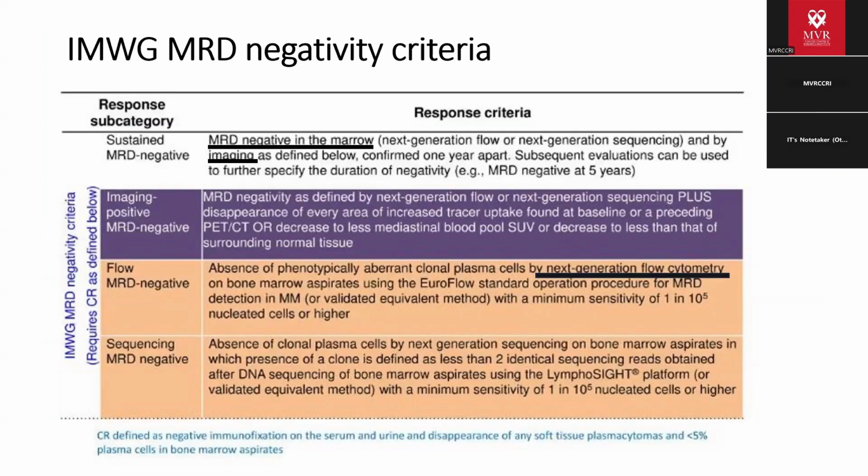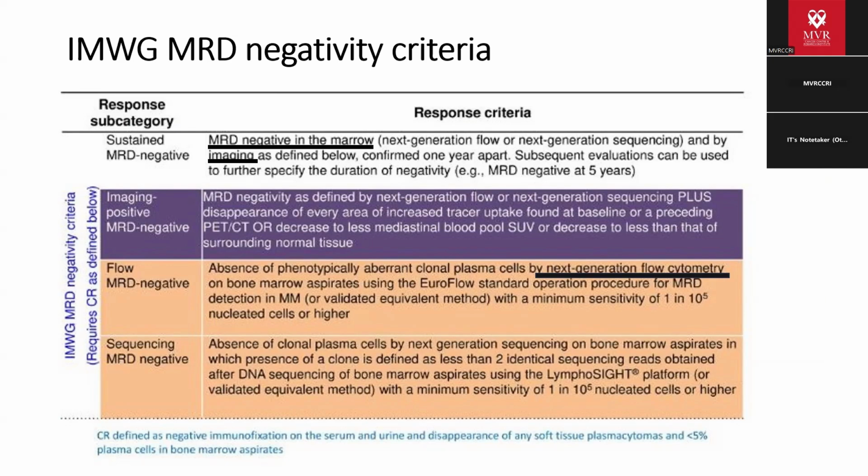So that is why the International Myeloma Working Group came up with MRD detection. As of now, there are flow cytometry MRD negative criteria, sequencing MRD negative criteria, imaging MRD negative criteria, and sustained MRD negative. What we are interested in is flow MRD.